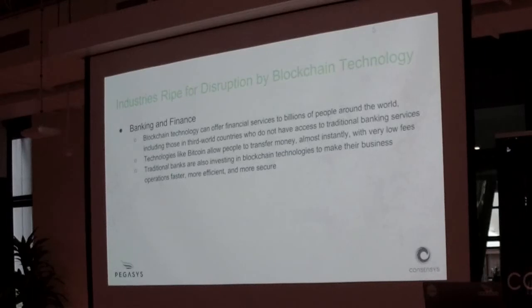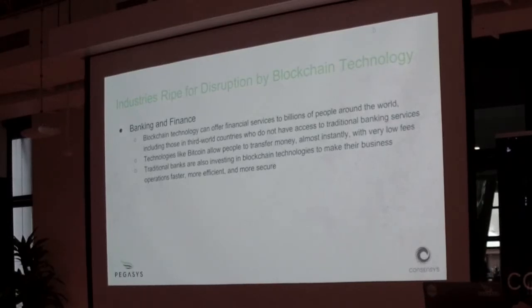Let's finish off and talk about some of the industries that are using blockchain now. You think that the banks and the finance industry would be running away from blockchain screaming, thinking, it's going to take away all the business and these sorts of things. But the banking industry really do see blockchain as a way of revolutionizing the way they do business.